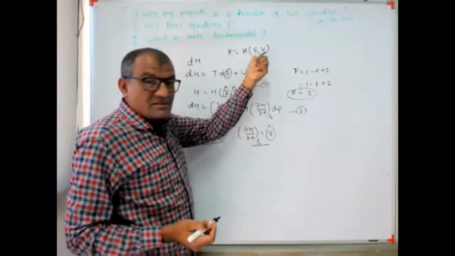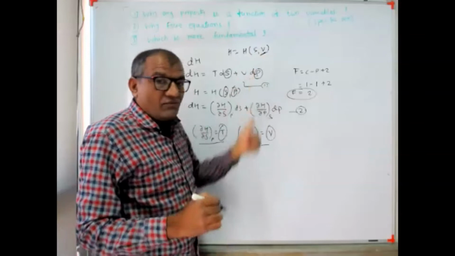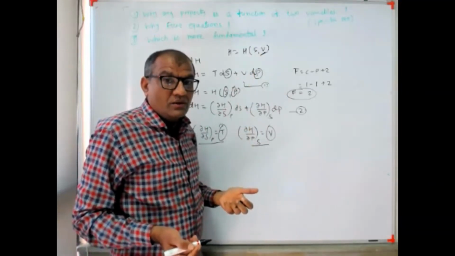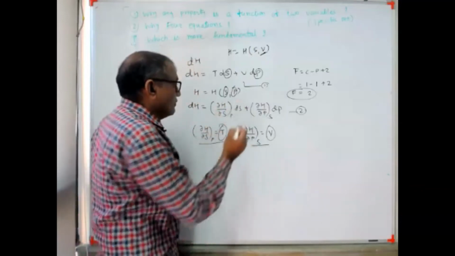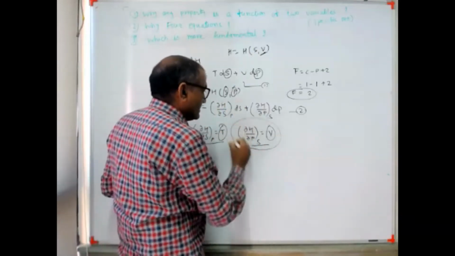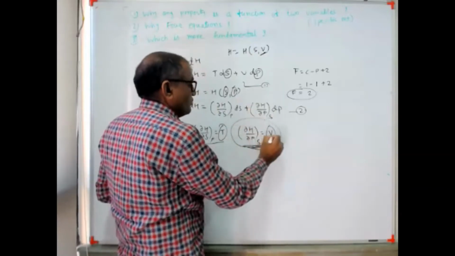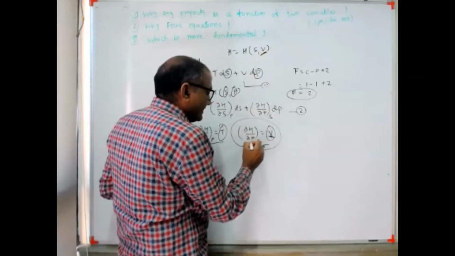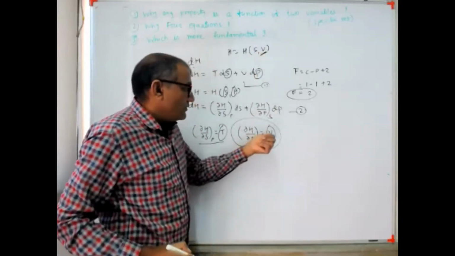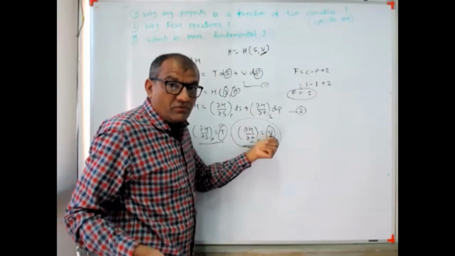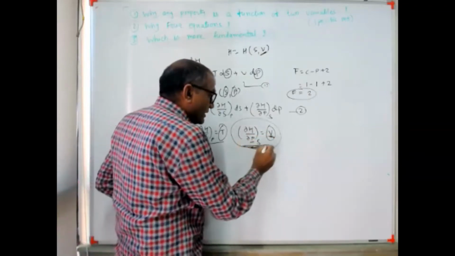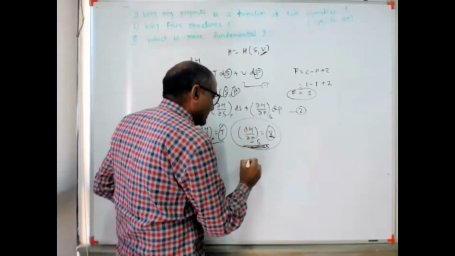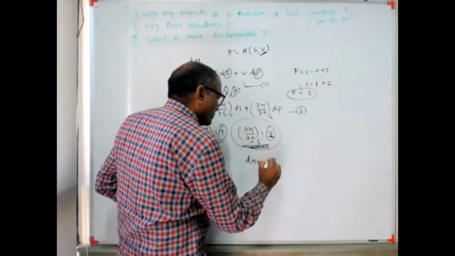But here, if I am considering S and V and I want to calculate the value of pressure, what will I do? I can consider this equation, because volume is one canonical variable I have selected. To get the value of pressure when the value of volume is known, I cannot take the partial derivative. I will have to integrate this equation.